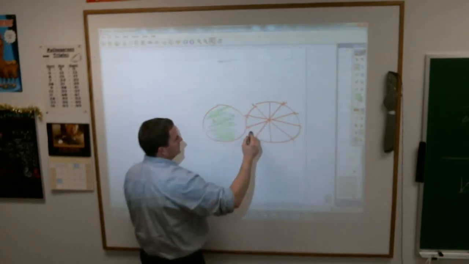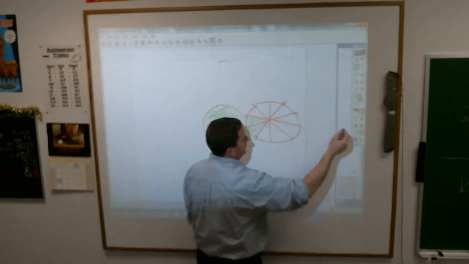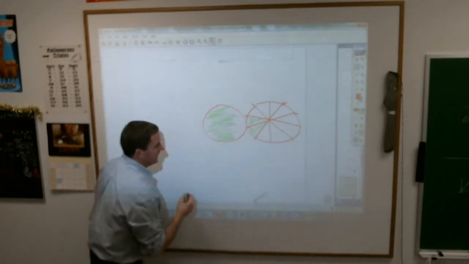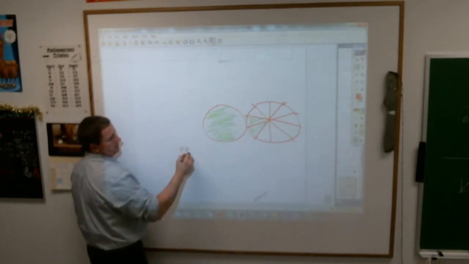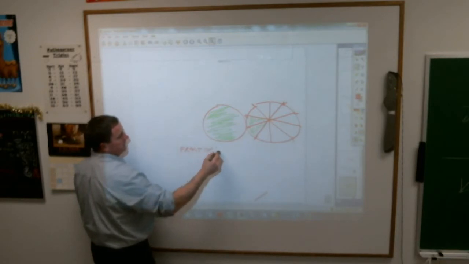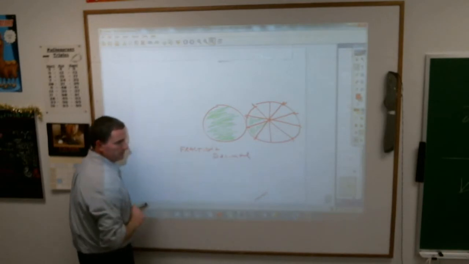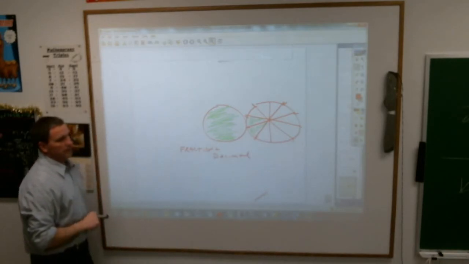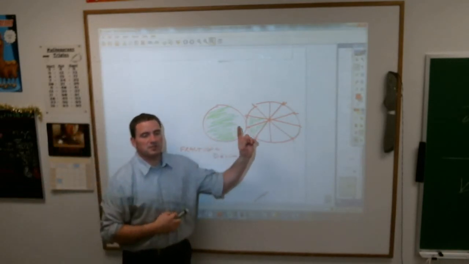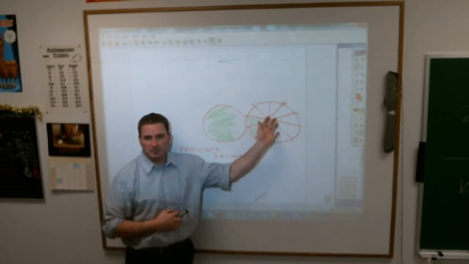So if you have this and this shaded over here, and it asks you to give both the fraction and the decimal form of what this picture stands for. By the way, we can only use decimals when you cut something into 10 equal pieces for right now. And this is cut into 10, so that's good.